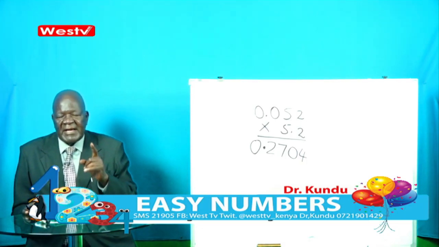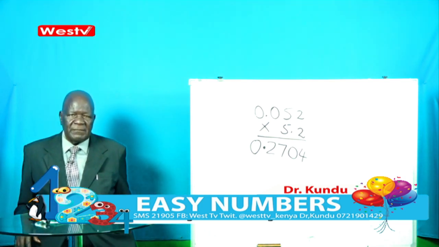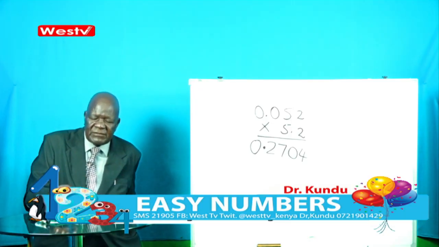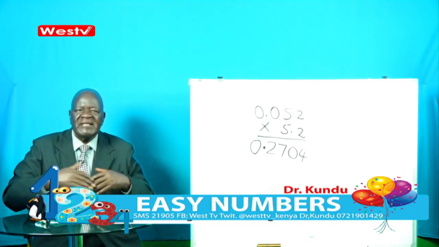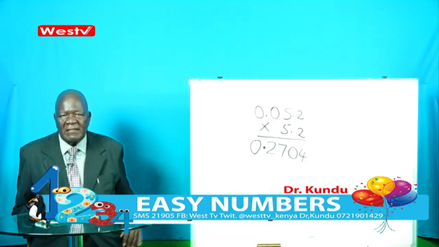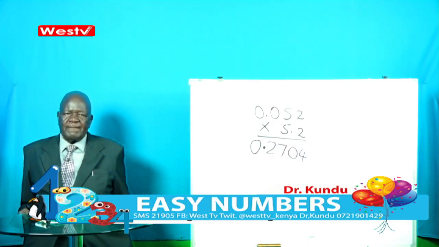However, there are some schools that don't provide the notes at all. So for such schools, I advise you, the parent, to get a complete set of the mathematics notes from Form 1 to Form 4. Those are only 4 books. And then equip your child to face the exam.